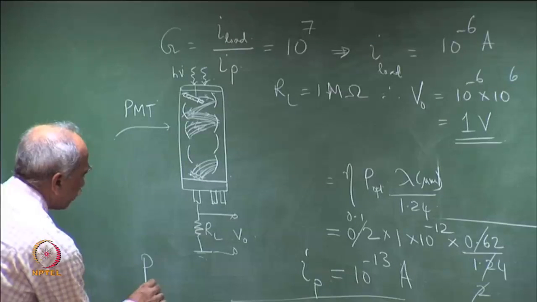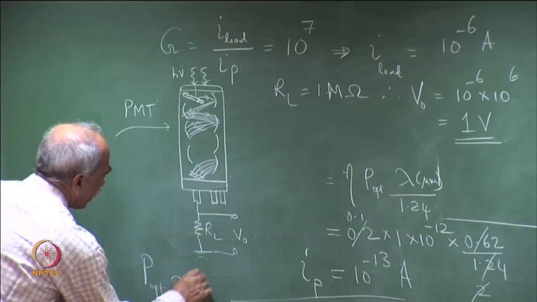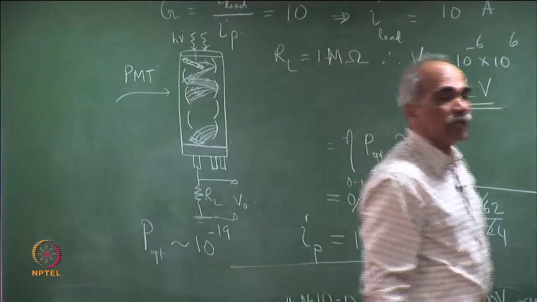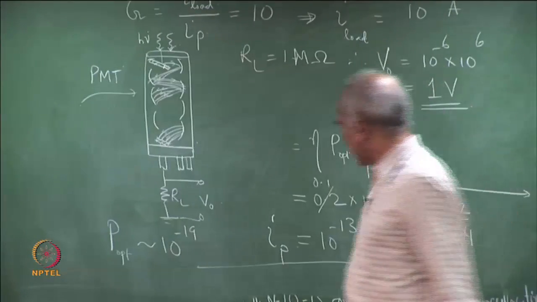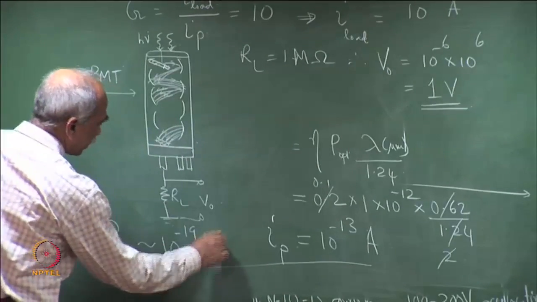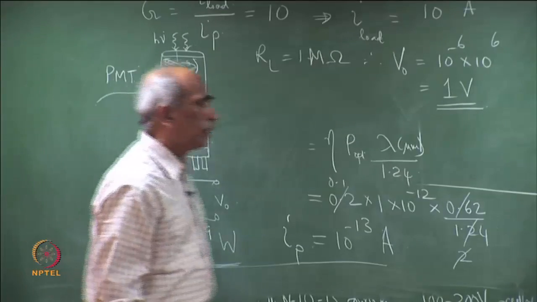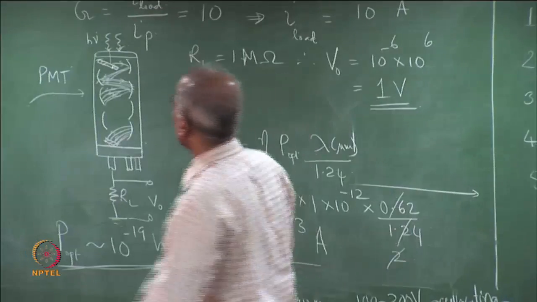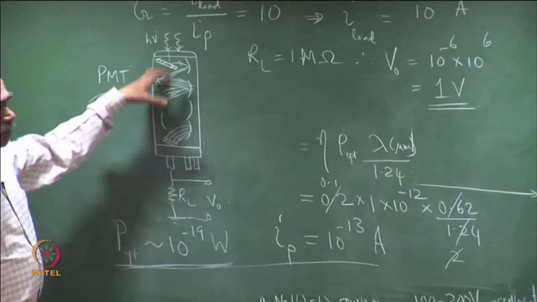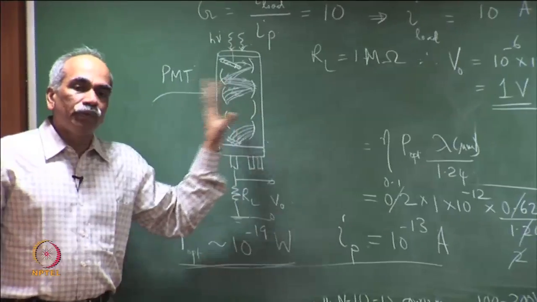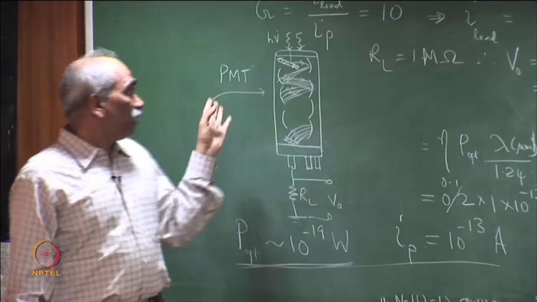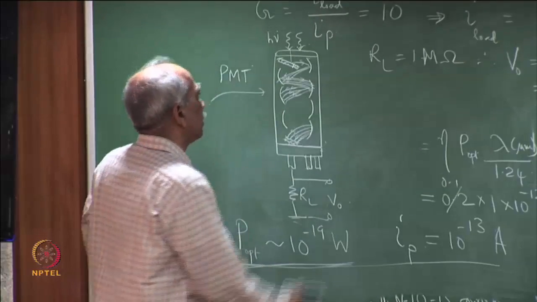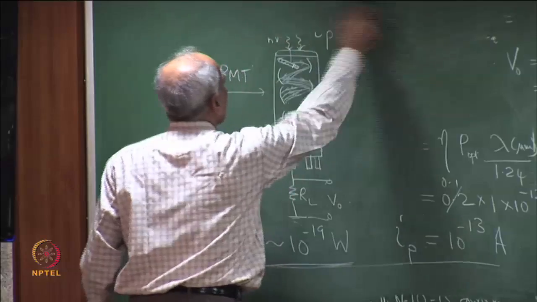I mentioned that output power is of the order of 10 power minus 19 watts. This calculation was for 1 picowatt, 10 power minus 12 watt, and one can detect powers as low as 10 power minus 19 watts using a PMT. It is a very sensitive detector, but as I mentioned, the primary limitation of the photomultiplier tube is the material for the photocathode, to find materials which can respond to infrared radiation.